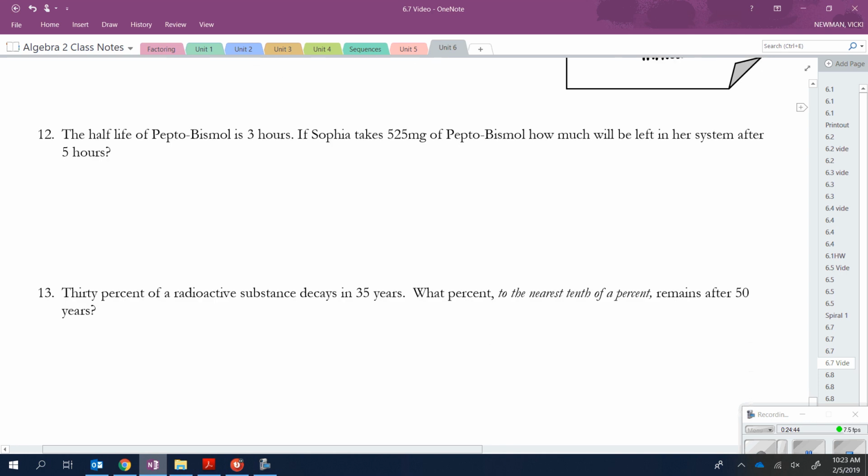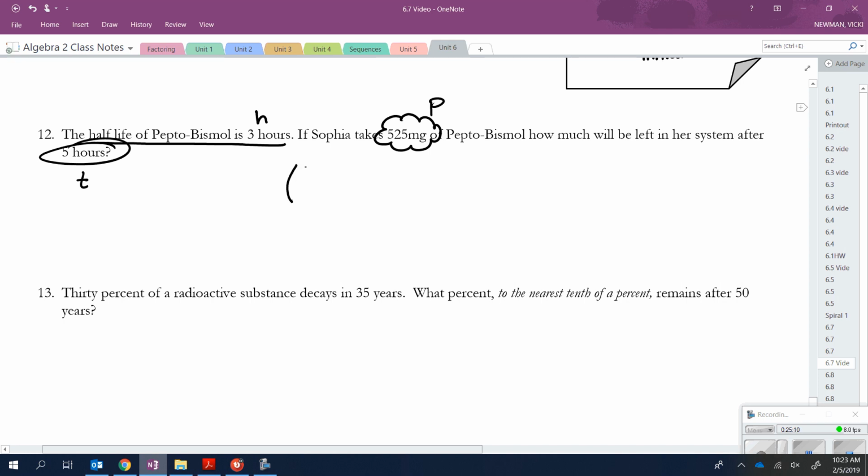The half-life of Pepto-Bismol is 3 hours, so H is 3. Sophia takes 525 milligrams. What's that? P, initial amount. How much will be left in her system after 5 hours? What's that? T. So because it said half-life, I know it's decreasing by half.